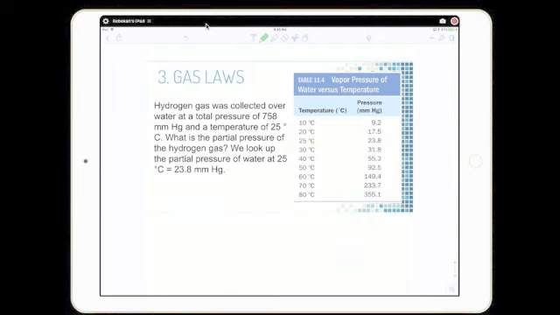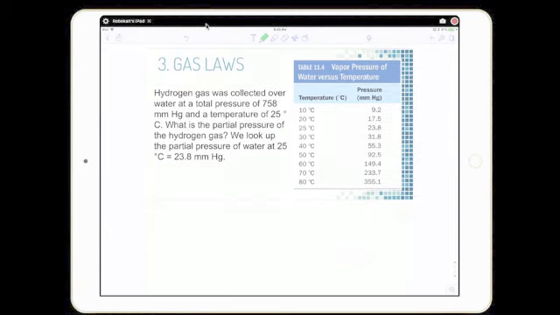So we can say that if we've got some water and we're creating some gas from a reaction and capturing it, we can calculate the pressure of this gas by taking the total pressure inside the tube minus the vapor pressure of the water that's inside the tube. That doesn't make a lot of sense, so let me draw you a picture.